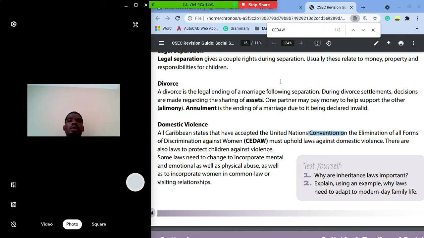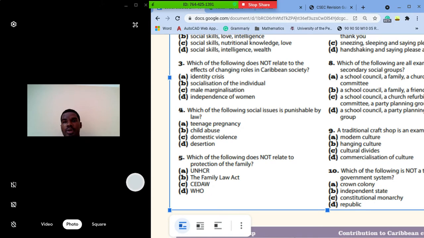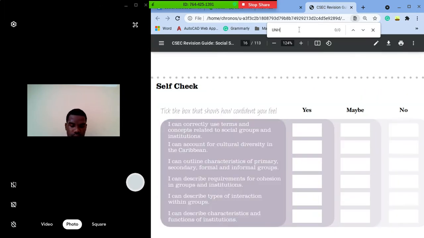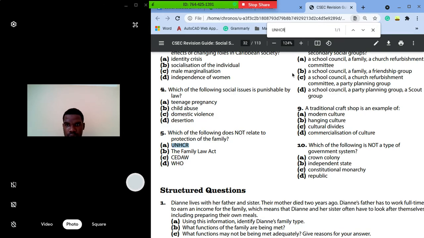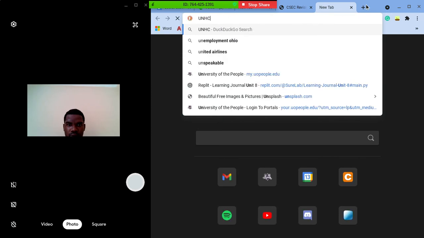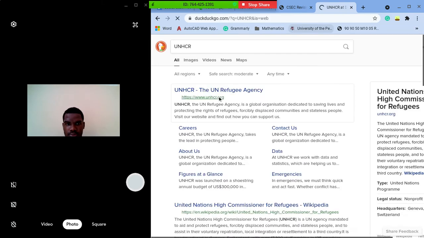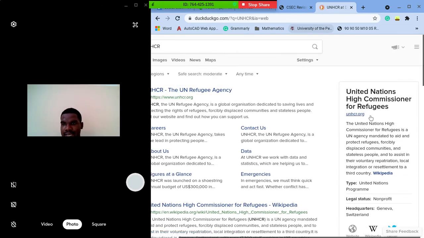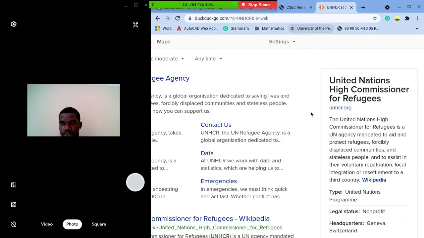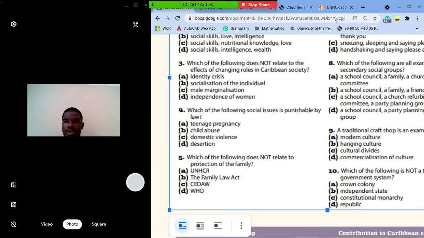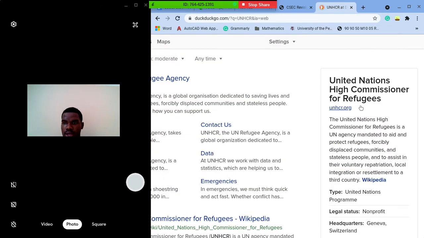Now, the next one, UNHCR. UNHCR is the United Nations High Commissioner for Refugees.